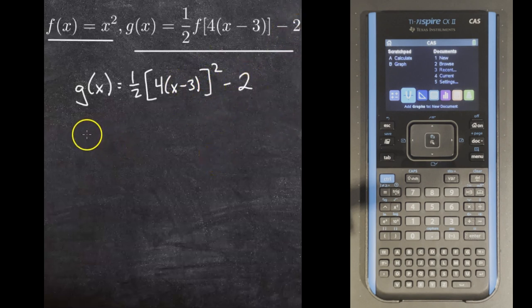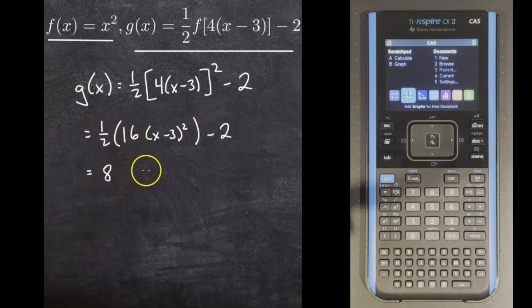So if you want that in standard form, now we just have to expand that a little bit. So we have 1/2 times 4 squared, which is 16, times (x minus 3) squared, minus 2. 16 over 2 is just 8.